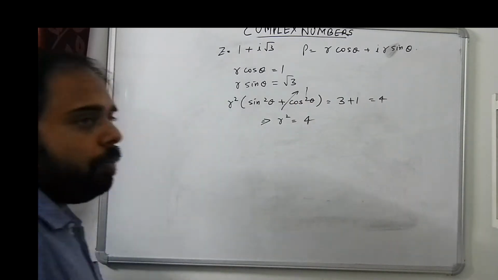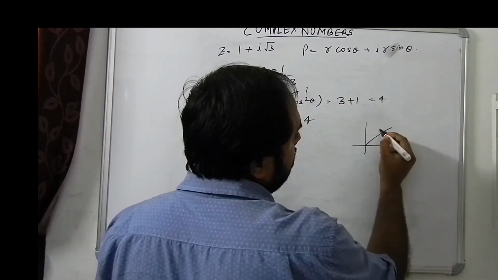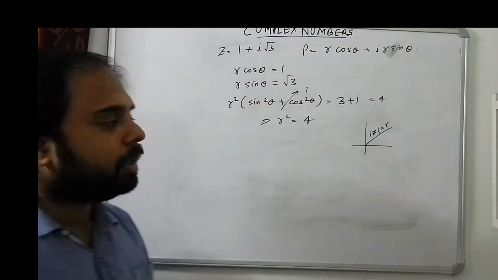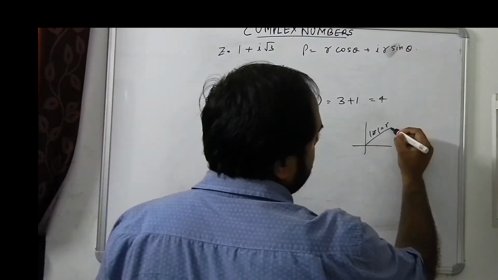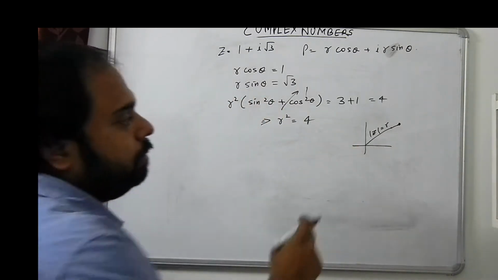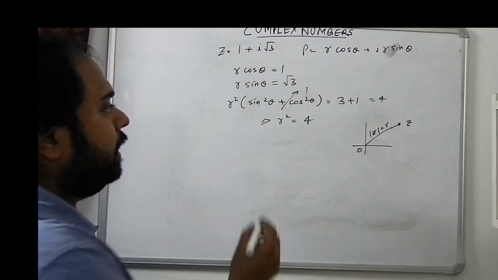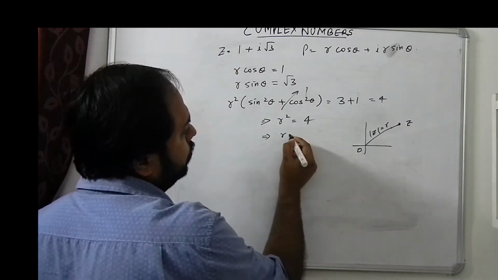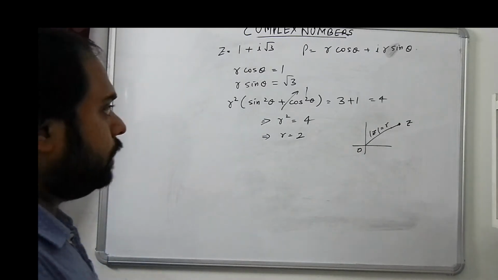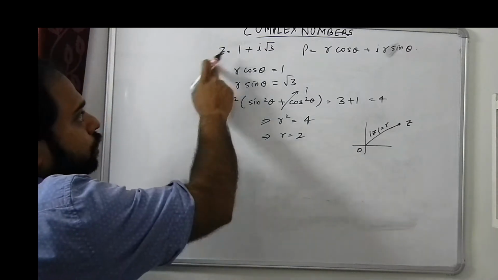Now when I showed you the diagram, I said modulus of z is nothing but r, the length of the complex number, that is the distance of the complex number from origin. So it cannot be negative, it has to be positive. So r is equal to 2. We cannot write that r is equal to minus 2. So I got the modulus of z.